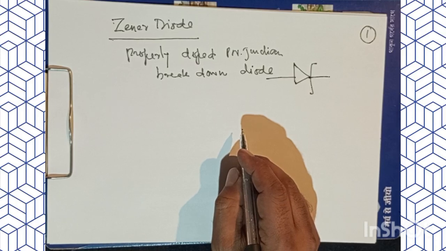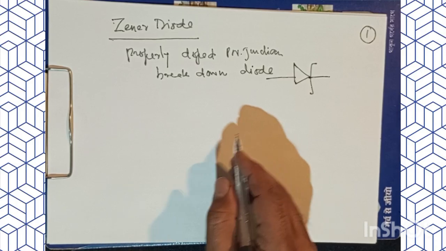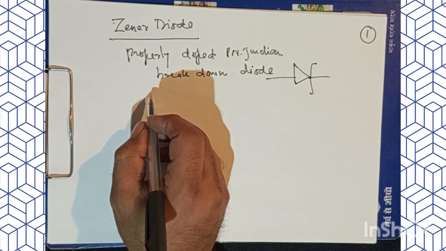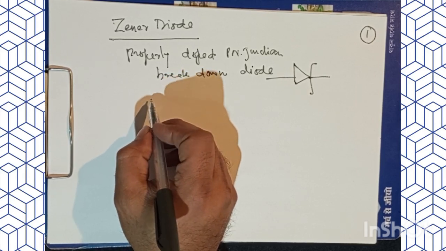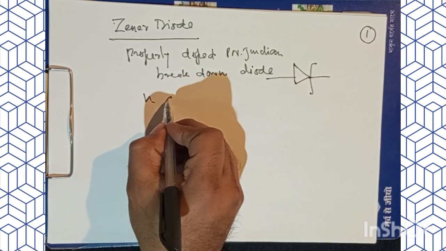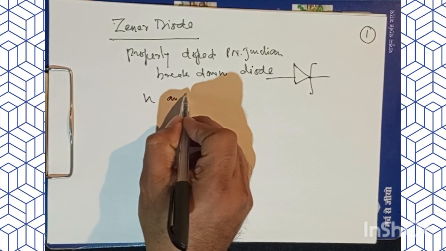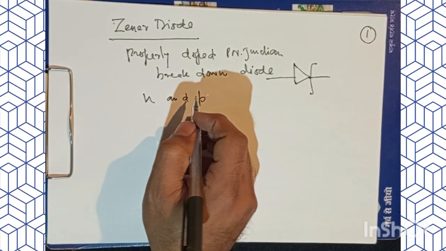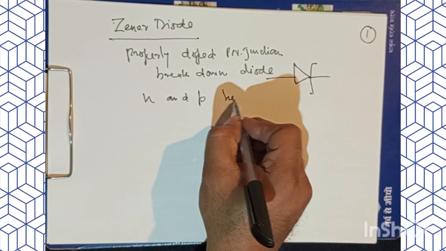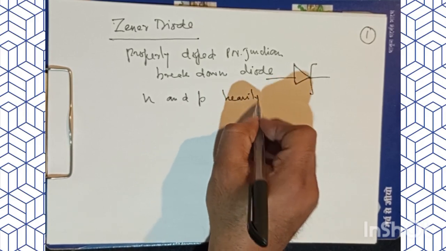Now, this zener diode is fabricated in such a way that both N and P regions of the diode are heavily doped, right? Heavily doped.